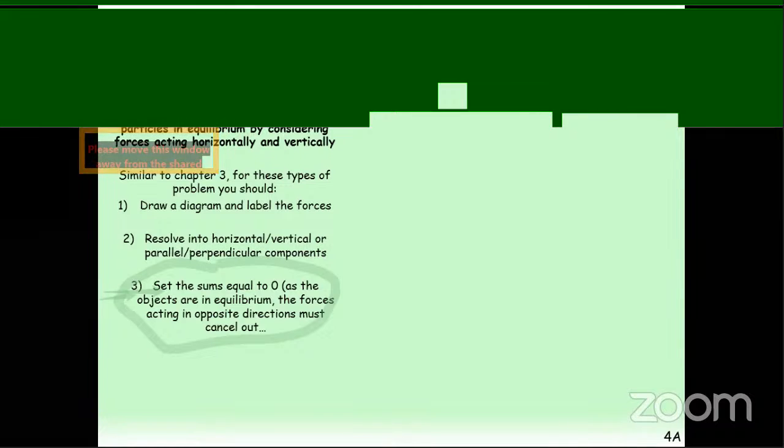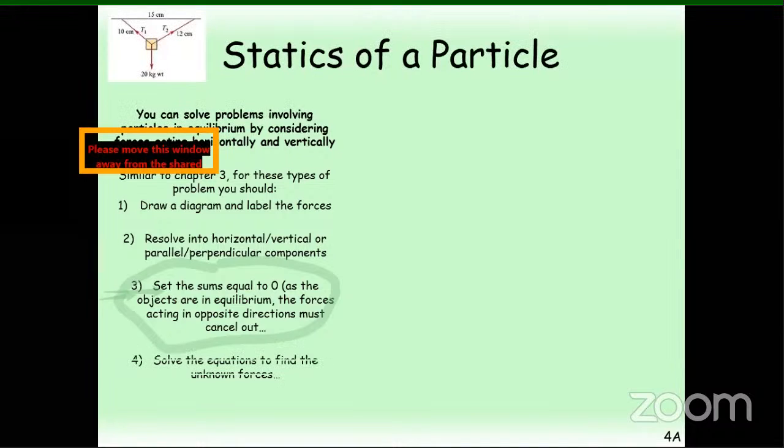So we don't expect a resultant force to make the body move. Since we don't have a resultant force, the two opposite forces are equal. So is it clear now? Yes. Okay.